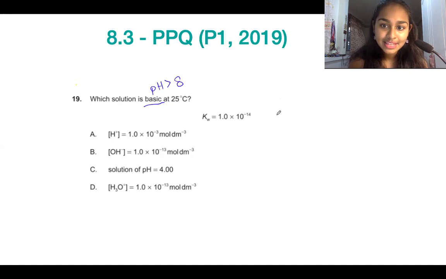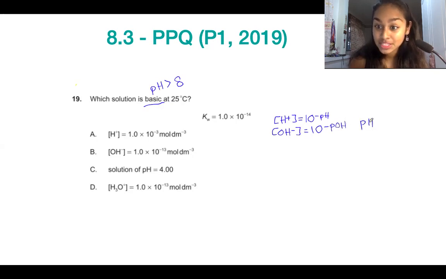The formula that's probably going to be the most useful to me here is that H plus is equal to 10 to the minus pH. On the other hand, OH minus is equal to 10 to the minus pOH. And I know the relationship between the two is that pH plus pOH equals 14.